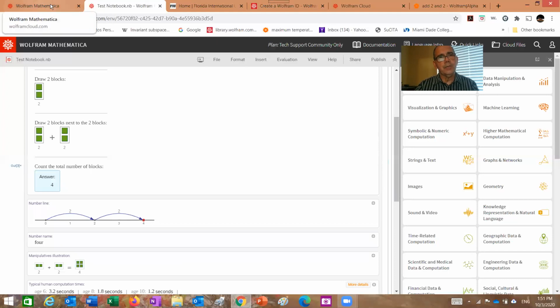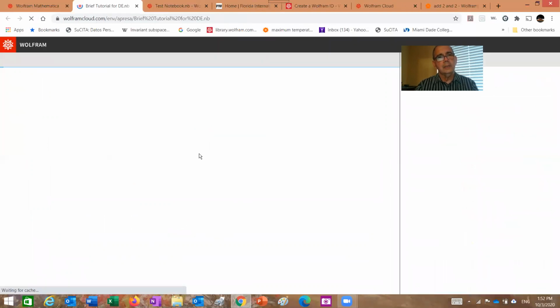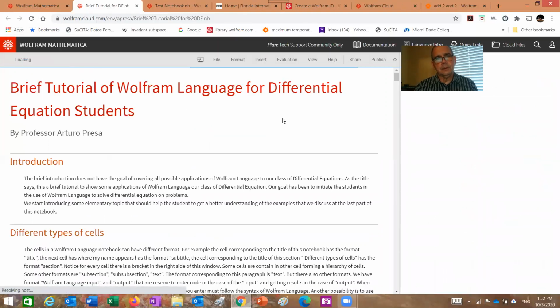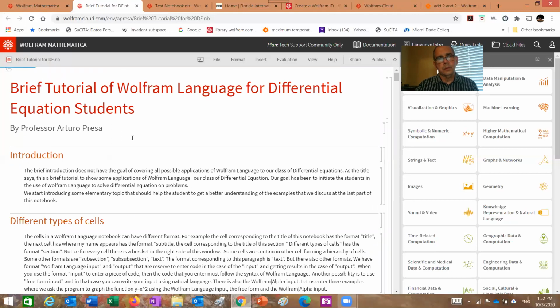Now, let's go to the notebook that I prepared for you. I have this notebook over here. So here, I need to go to my files. Well, it is already here because it's the most recent file that I opened. And then I have to let the system load properly.